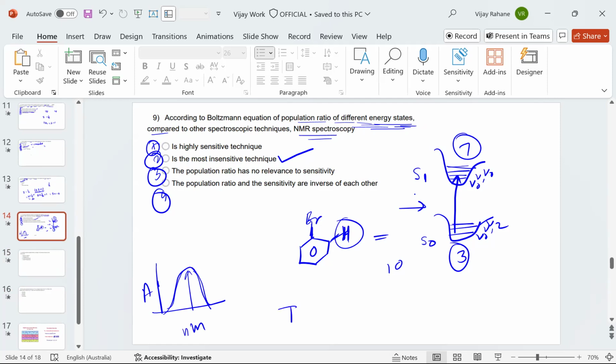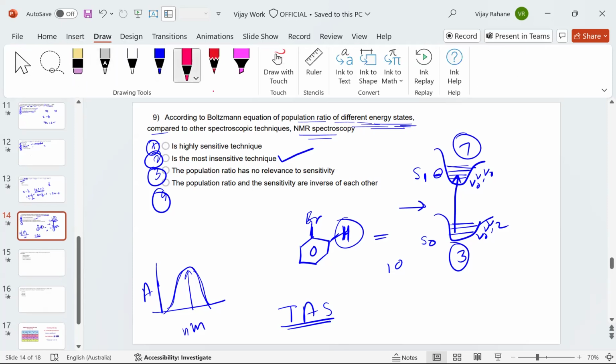But in the transient absorption spectroscopy, we call it TAS, we can get the idea about the excited state. In transient absorption, the molecules go from here to another excited state, they absorb, right? So we can get some idea about how many molecules are present in the excited state.